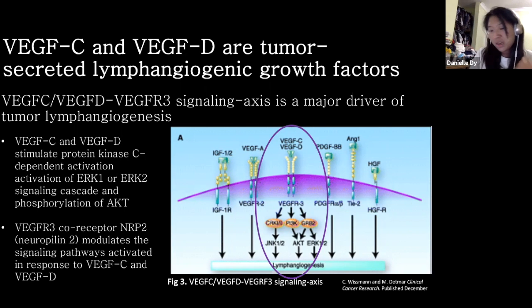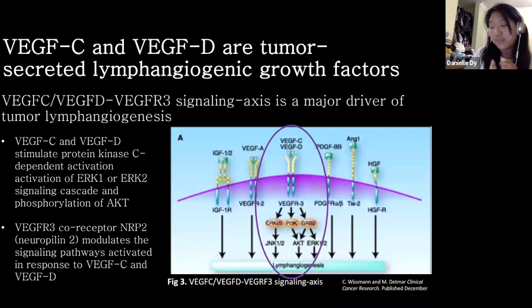In the context of cancer research and lymphatic studies, the most widely studied signaling pathway with respect to tumors and lymphangiogenesis is the VEGF-C or VEGF-D signaling axis with VEGFR3.